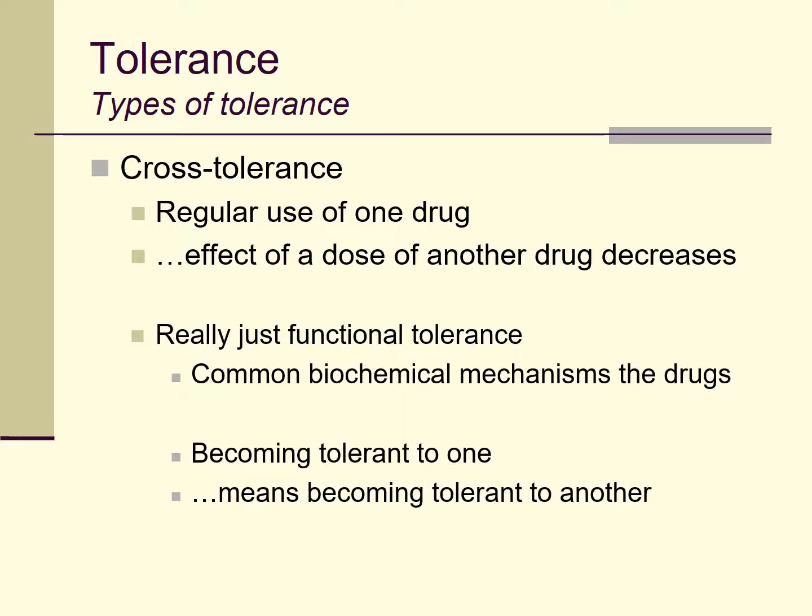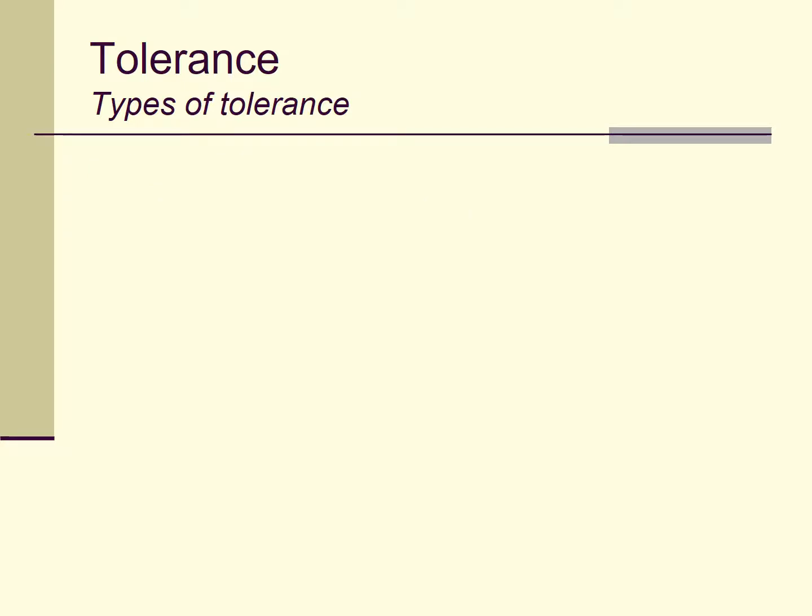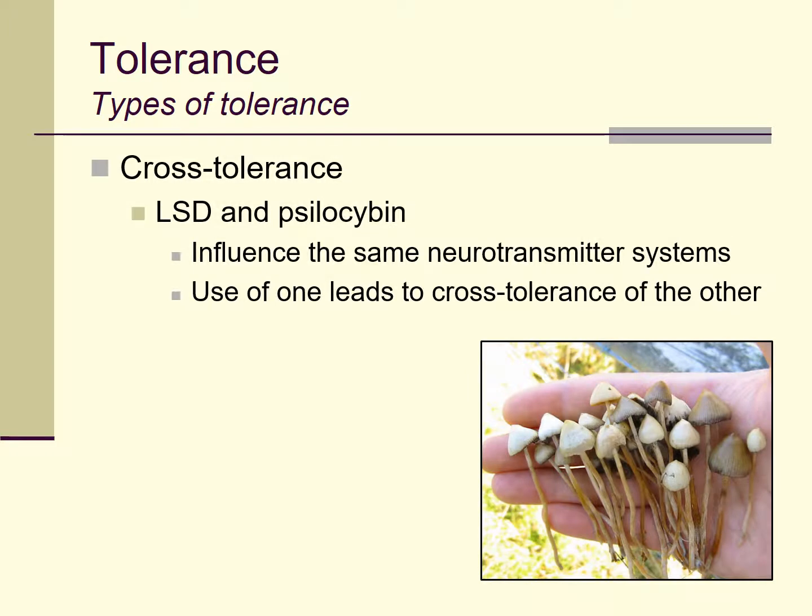Now, really, this is just functional tolerance, like I mentioned earlier, but it's functional tolerance that can occur across two drugs when two drugs share a common biochemical mechanism. So becoming tolerant to one drug leads you to become tolerant to another drug. I already gave this example, but I'll repeat it again.